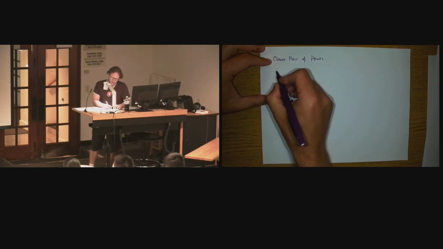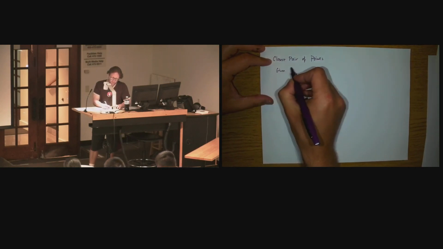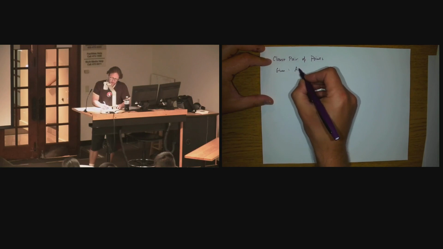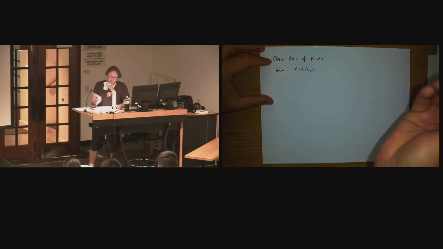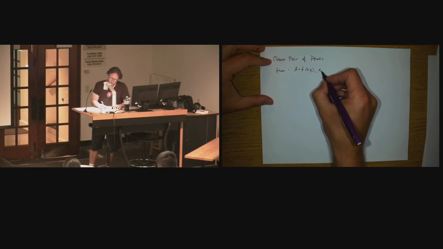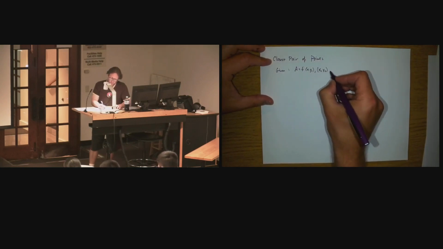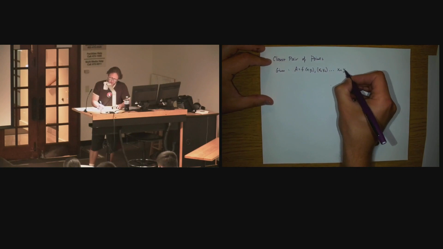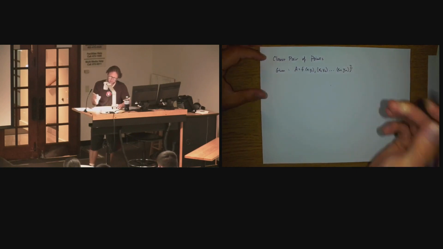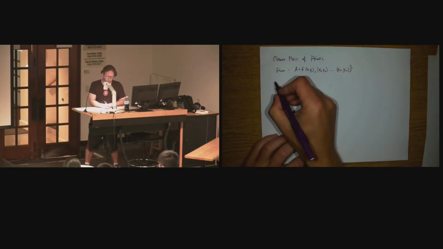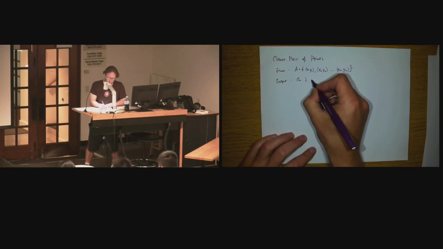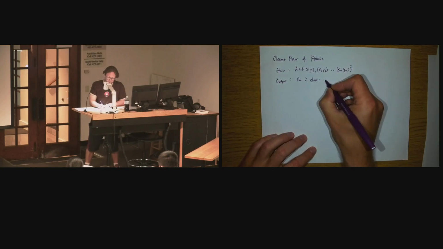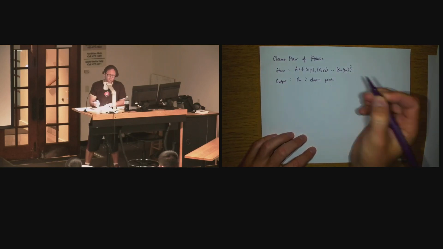Remember, we're given a set of points (x1, y1), (x2, y2), ..., (xn, yn) in the Euclidean plane. And we want to output the two closest points according to Euclidean distance.